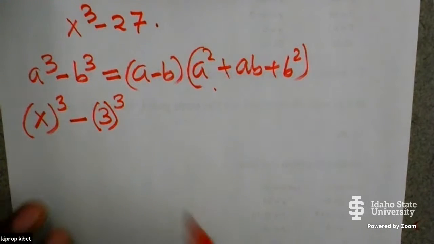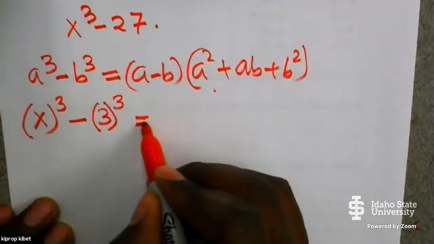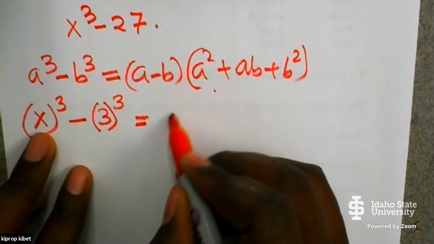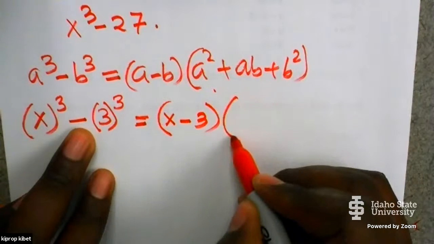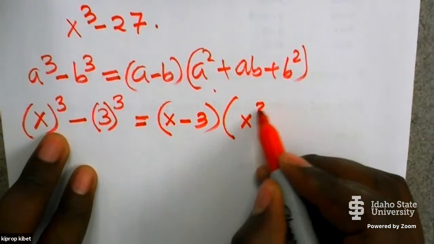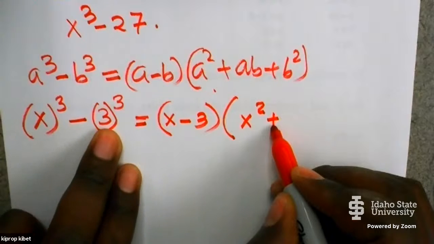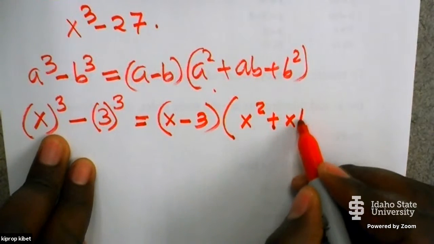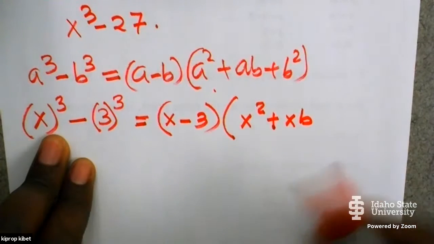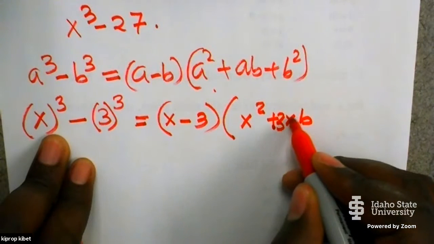So finally, our factors will be x minus 3, and then x squared plus ab, 3x, right?